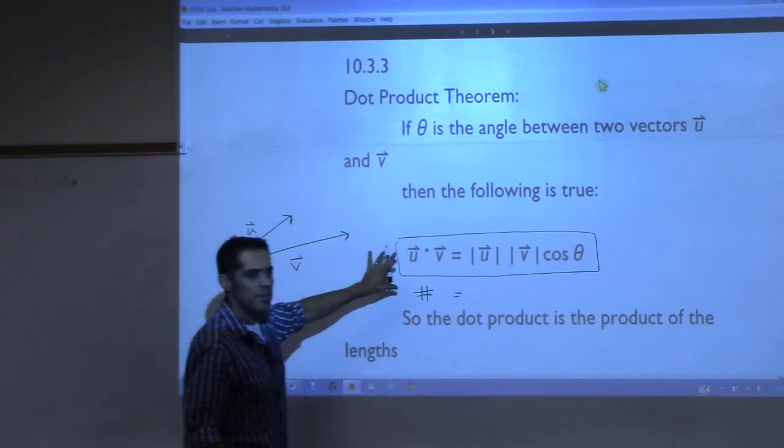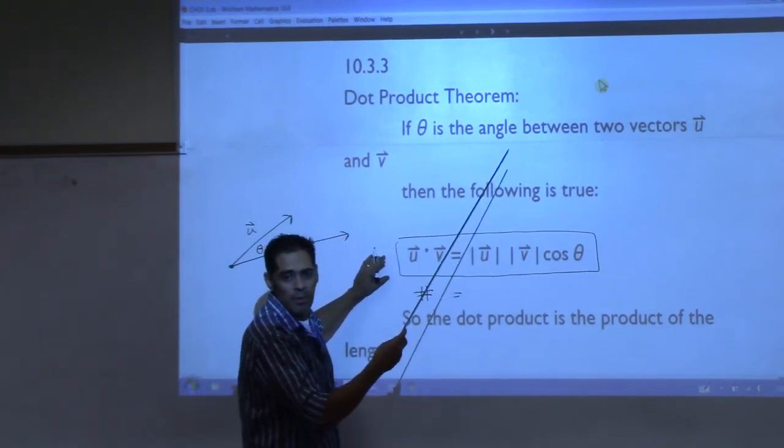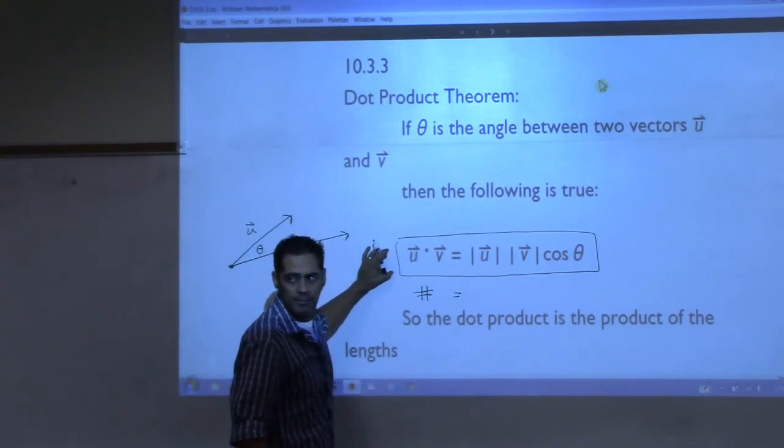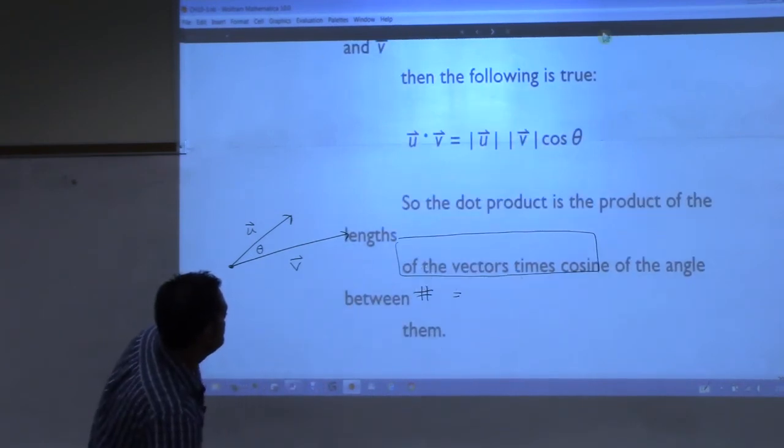Now, I'm not going to prove to you why this is true. Theorems mean there's a proof, but we're going to take this on faith. Is that all right? Let's see why that is useful to us.